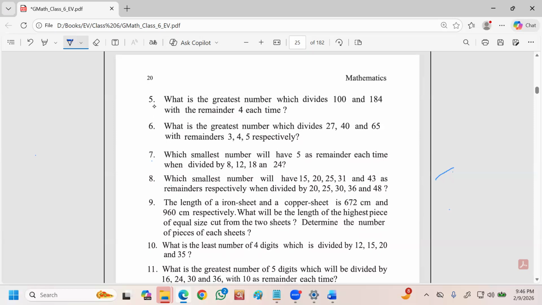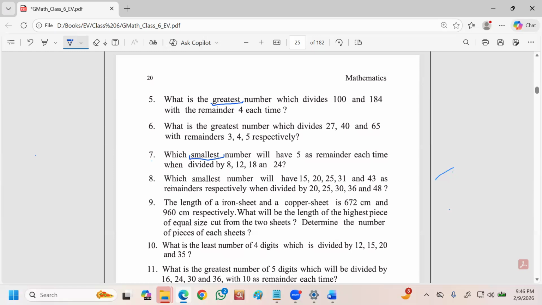Question number 5. What is the greatest number which divides 100 and 184 with the remainder 4 each time? So at first, before doing the mathematical problems, you have to look for 2 words. If the word is greatest or if the word is smallest.